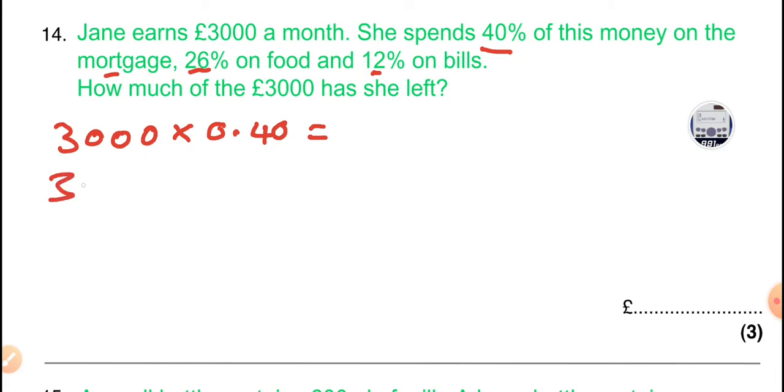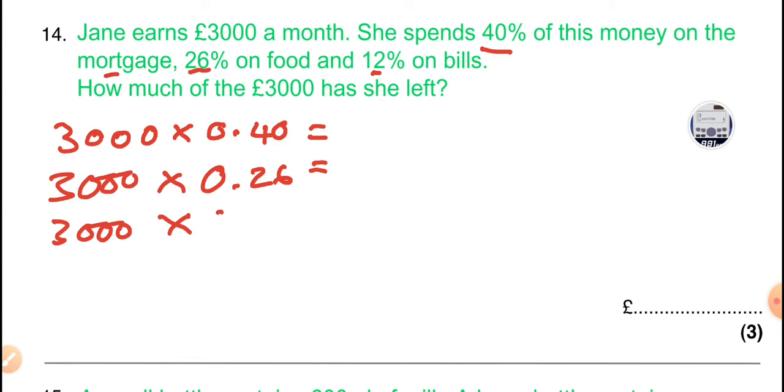Then that would be her mortgage amount. Then 3,000 times 0.26 would be the amount she spends on food, and then 3,000 times 0.12 would be the amount she spends on her bills.